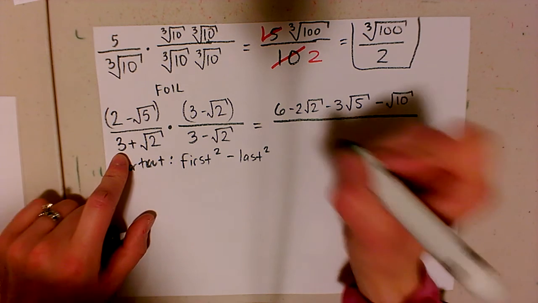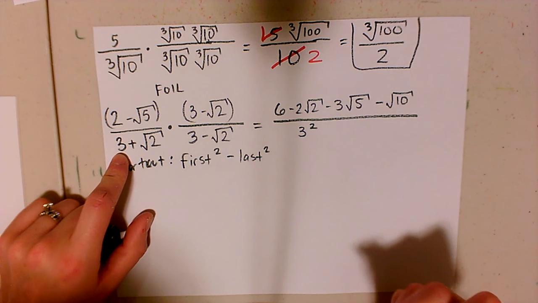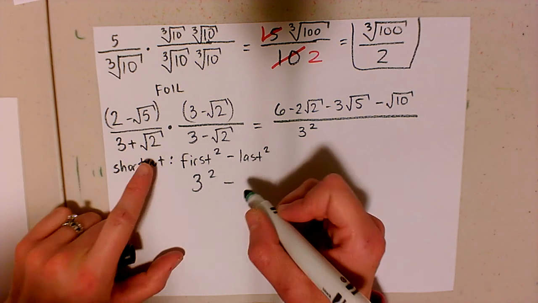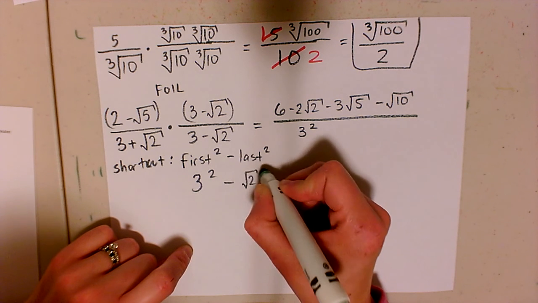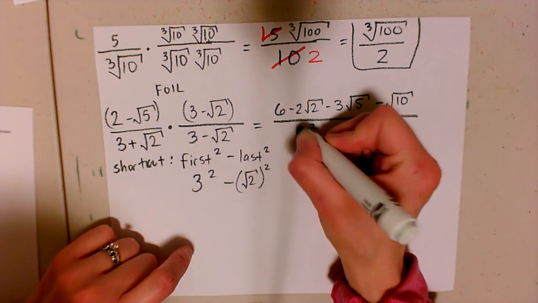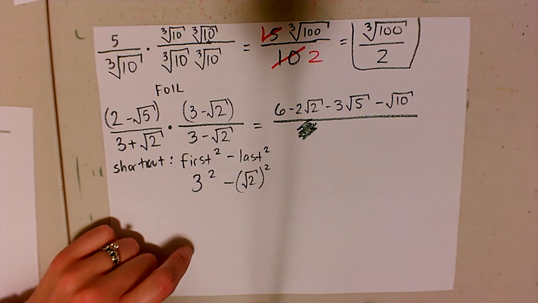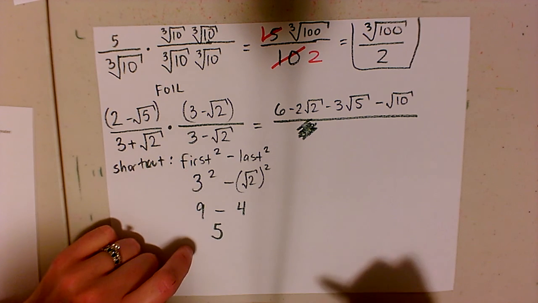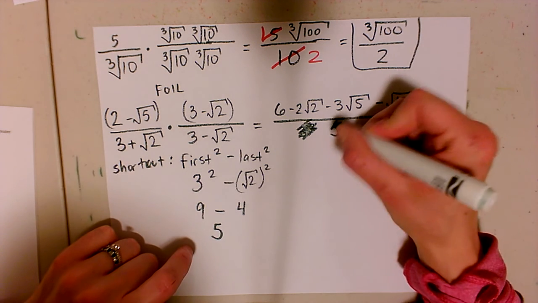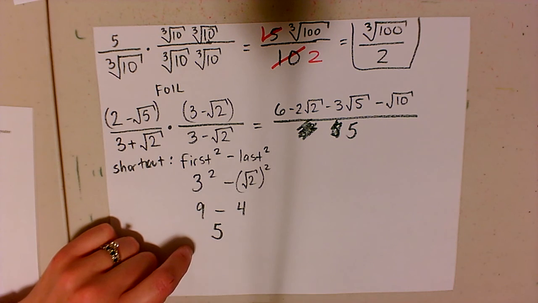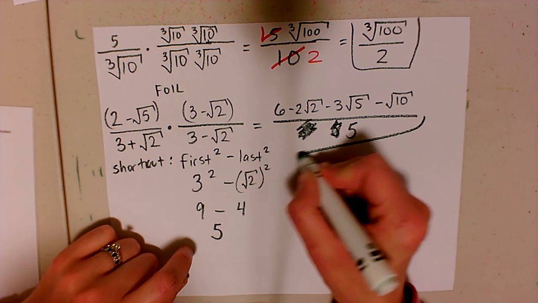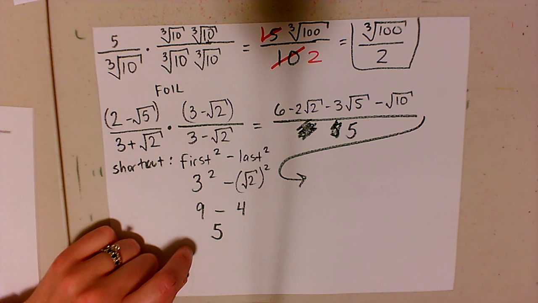So the first one we have here is 3, so we'll square that, and then minus, and then my last is root 2, and then we square that. Okay, so 3 squared is 9, and then root 2 squared is 2, and 9 minus 2 is the same thing as 7. So your new denominator is 7. So now what we can do is simplify our numerator, combine like terms.